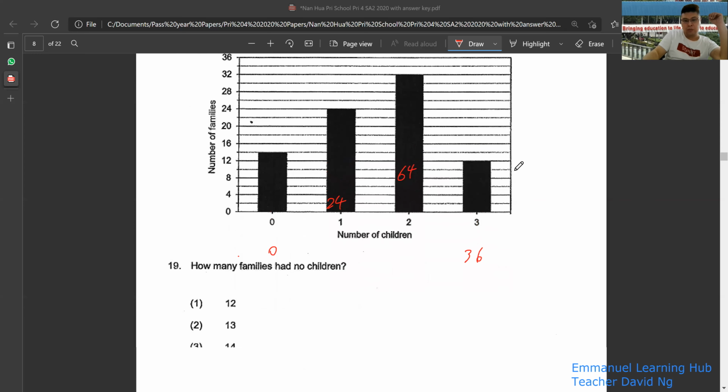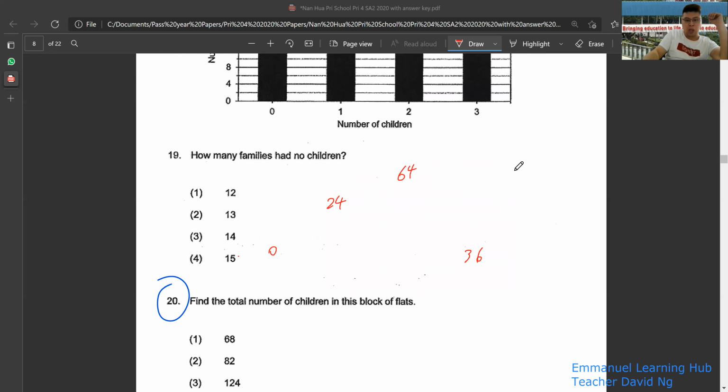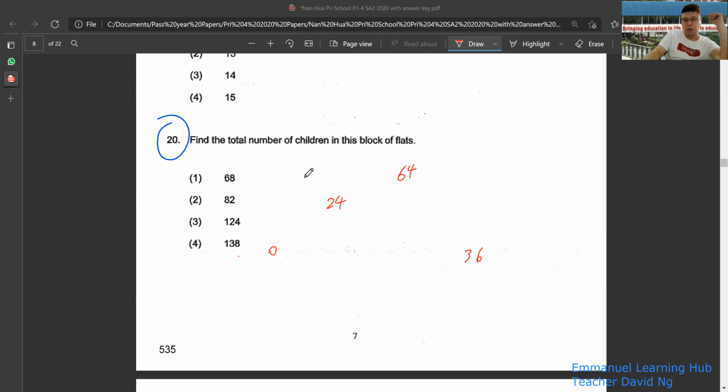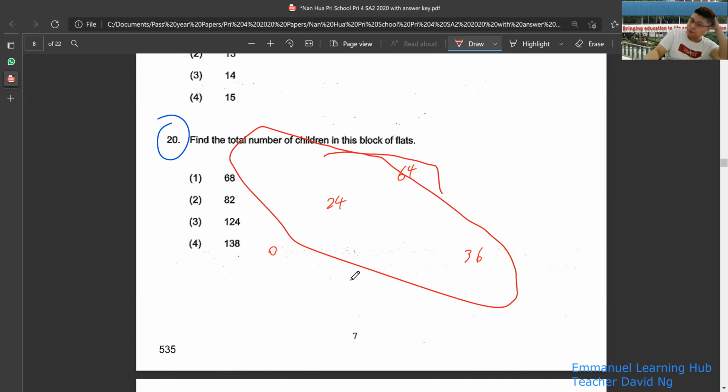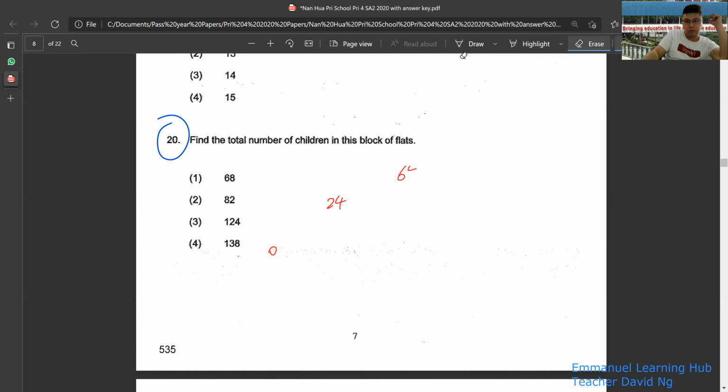Then they're asking for total number of children in the block. So you add these three together.